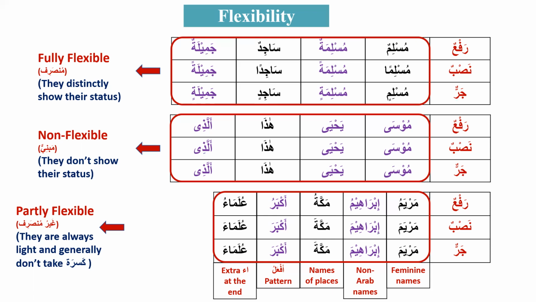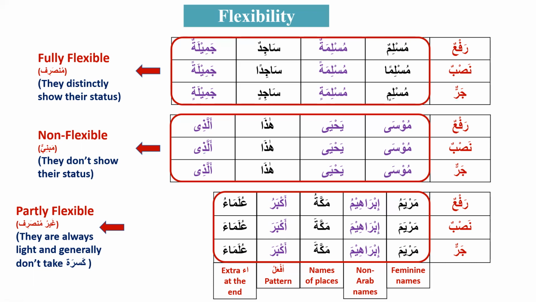Oh yeah, okay. So the question was why we are even learning about status, why it is important that we learn about it. I will try to keep it brief because I am already over class time. When Muslimun with rafa comes in an ayah, compared to Musliman and Muslimin, with the help of the status we can establish the role of that word in that ayah.